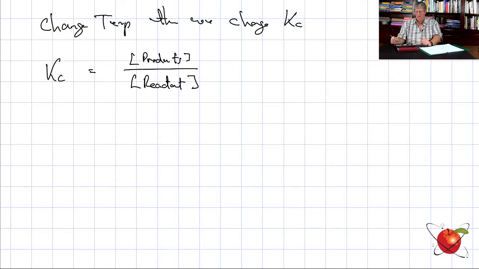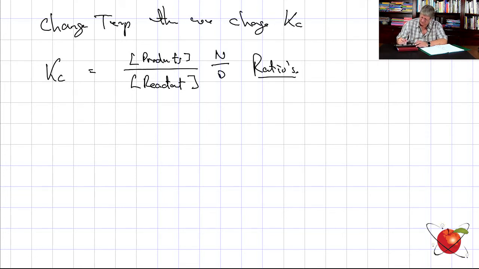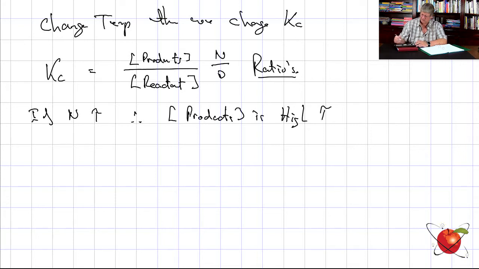Okie dokie. Now, let's just look at something. Let's go back to very early on when we actually looked at ratios. Let's call this the numerator and the denominator. If the numerator is high, therefore the concentration of products is high, then Kc is large, isn't it?